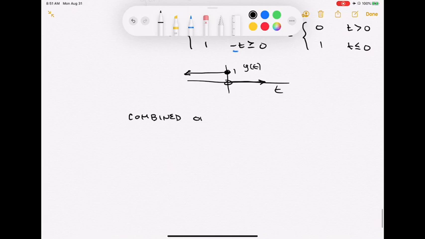Okay, so let's talk combined operations. You can have something like y of t equals x of a t plus b. What do we know is involved in there? Because I'm multiplying t by a, that should be a compression or expansion type operation, the time scale.